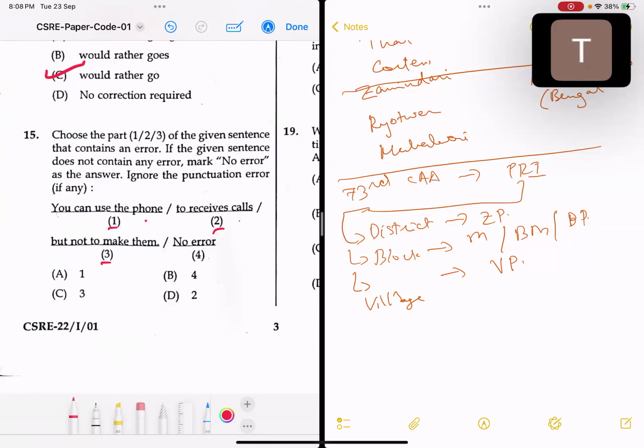Now you can use the phone. There's no error in this, right? But here to receive call, here the verb has been used in the plural form, which is incorrect, right? It's improper. So the second part of the sentence is wrong. So second part is option number D, right?